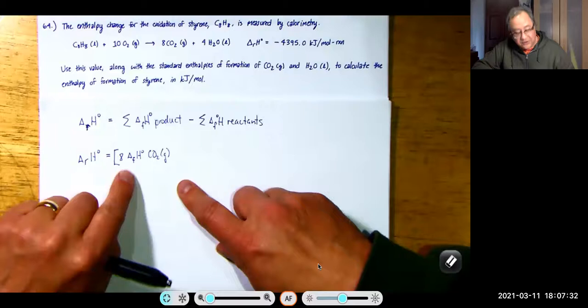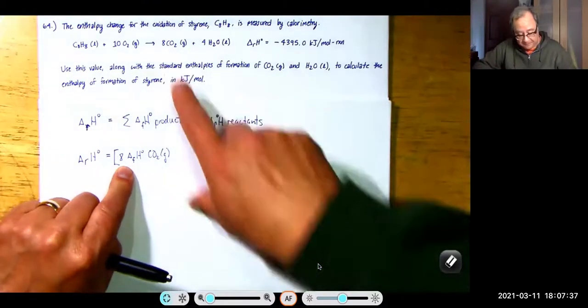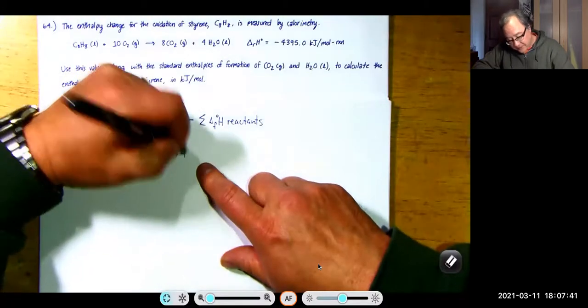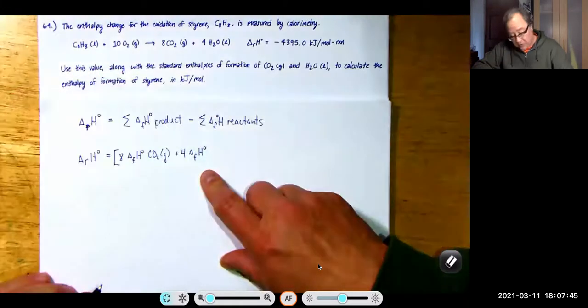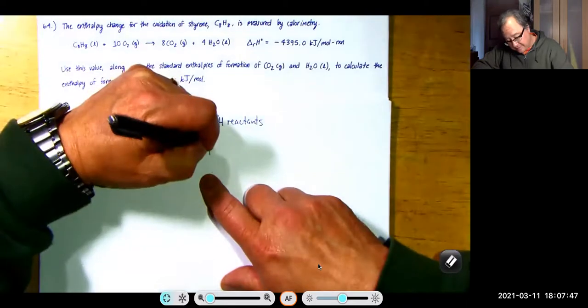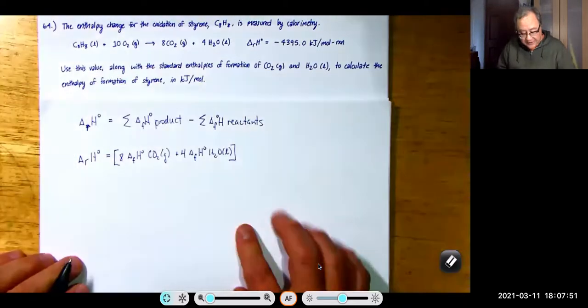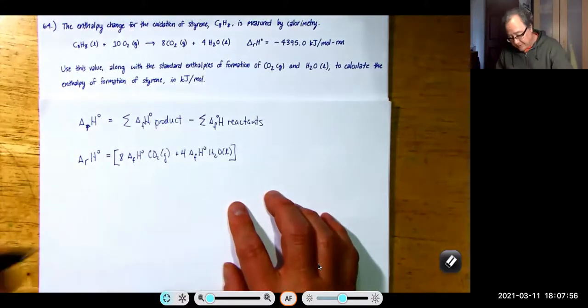Now, why are we using 8? Because there are 8 moles of CO2 here. And then plus 4 times the enthalpy of formation of H2O liquid. Okay, so that is the sum of the enthalpies of formation of the products.